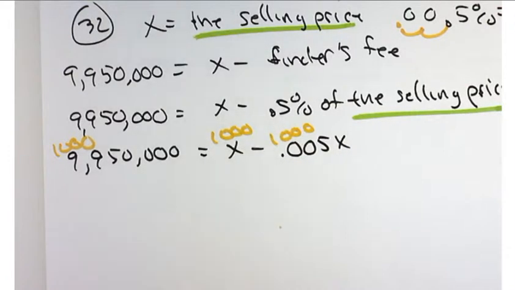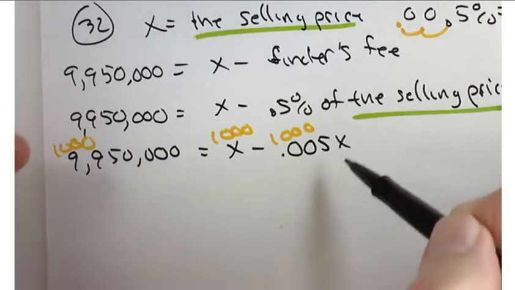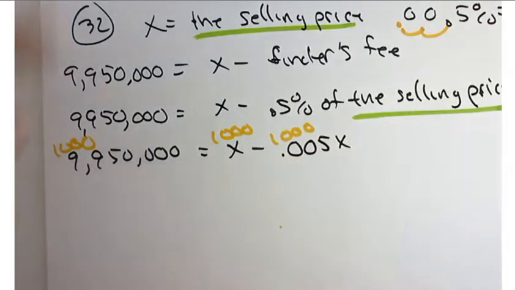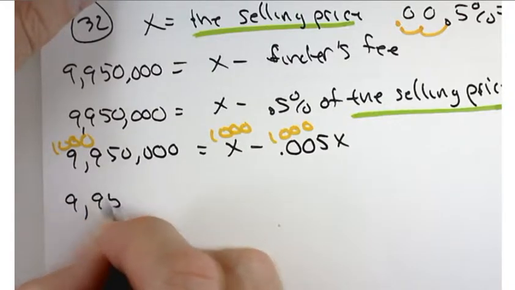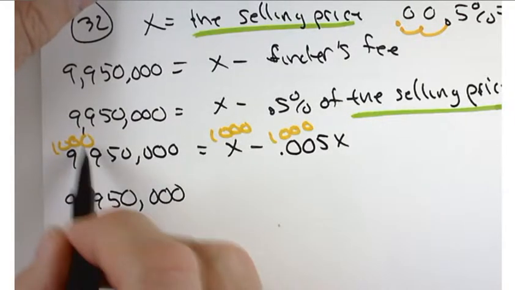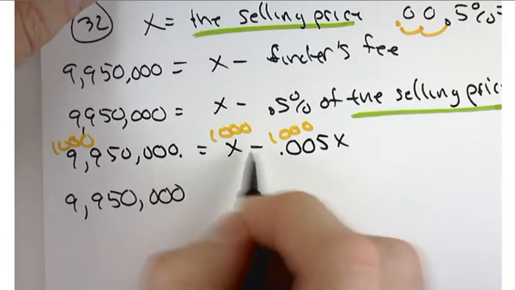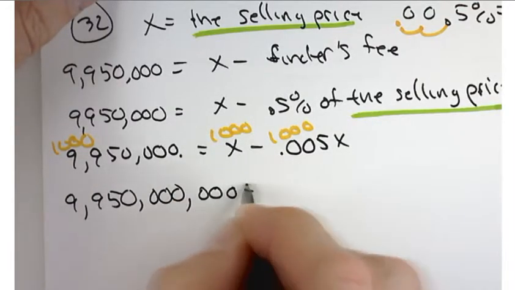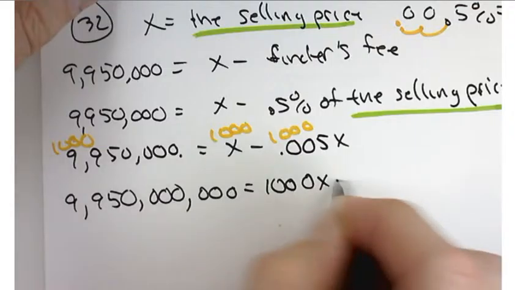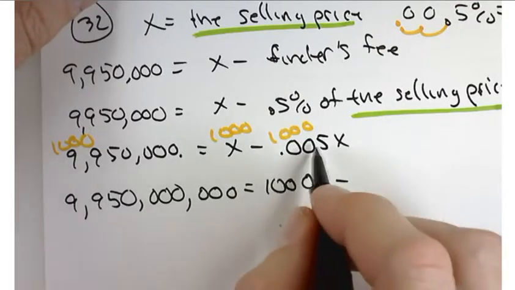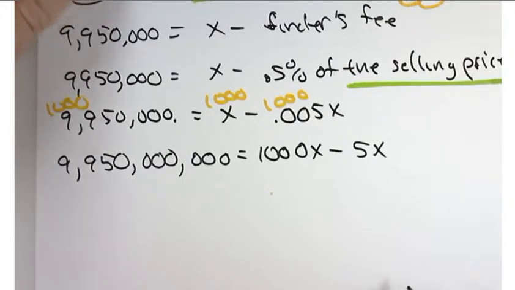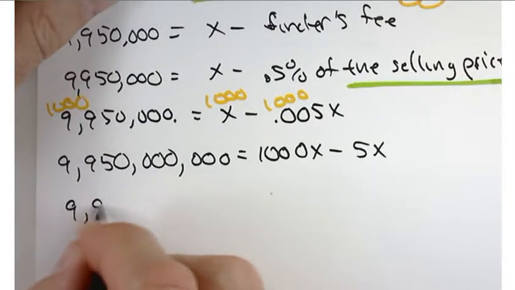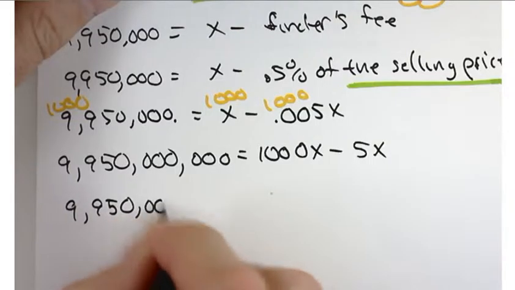Even if you make a mistake with some of the algebra at this point, you've still gotten a good chunk of the points by getting this far. So 9950. By multiplying by 1,000, I'm moving the decimal places 3 places to the right. So I get 1,000x minus, well, 1, 2, 3 would be 5x. The nice thing for us is that the right-hand side has like terms.